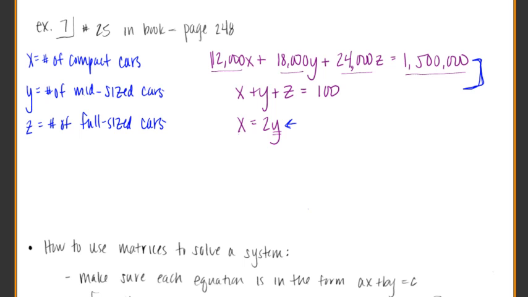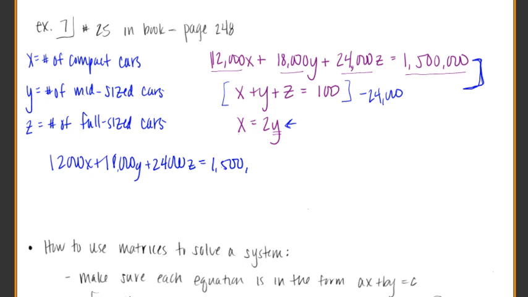Alright, in this top one I have 24,000 Z's. In the bottom one I just have 1. So if I want to eliminate my Z's, I need to multiply that second equation by a negative 24,000. So let's compare the top 2. I write 12,000x plus 18,000y plus 24,000z equals 1,500,000.